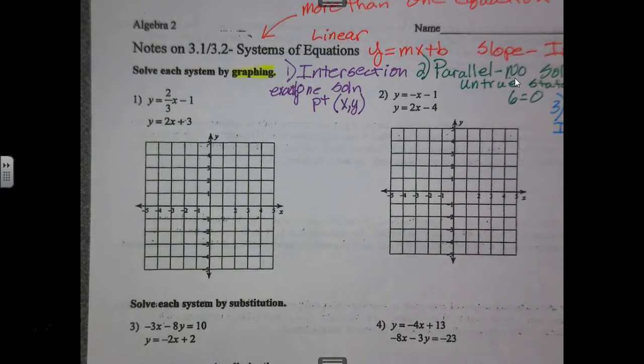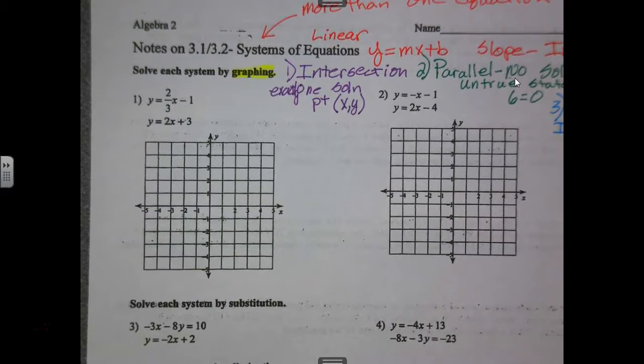Now, these are in slope-intercept form. If they're not, you need to put them in slope-intercept form. Hence the reason why I had you guys isolate variables for 3 days, because you're going to have to do that with some of these equations. See how things work together?